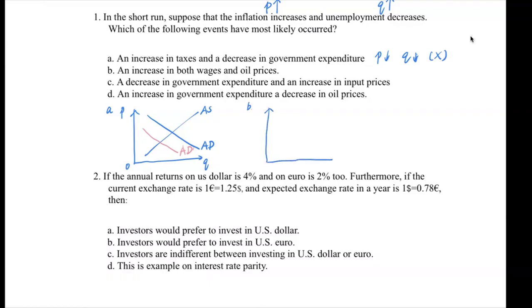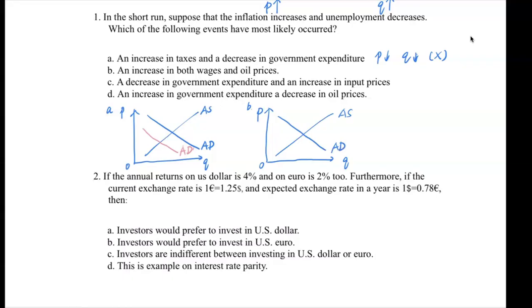And for B, an increase in both the wage and the oil price. Because of the wage increase, more people want to participate in the labor market. So we don't know from this alone, but the unemployment rate will decrease, of course. But let's look at quantity.